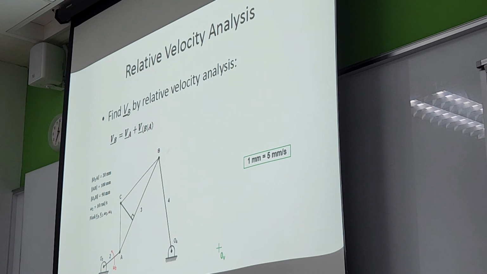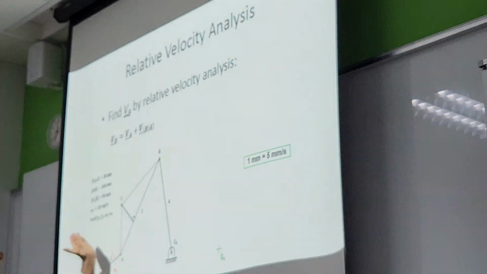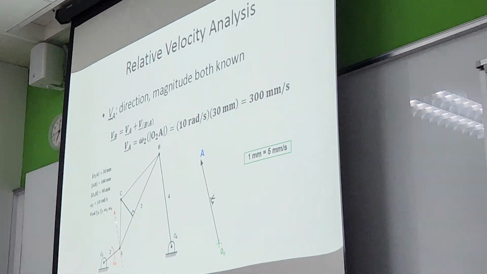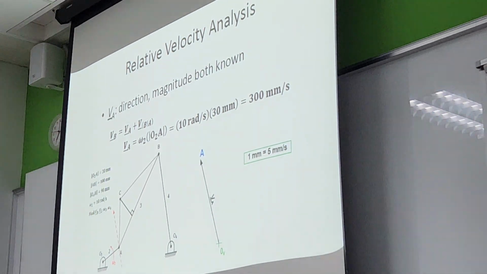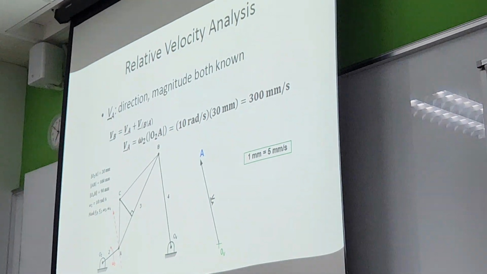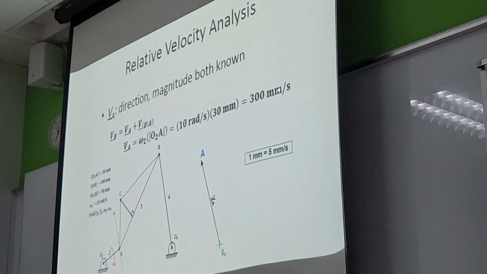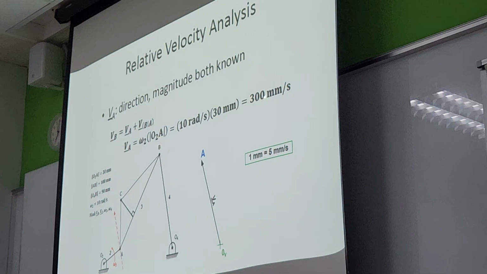So velocity A will be perpendicular, since the link is moving like this. Okay, so it will be perpendicular like this. Okay, so we can see in the next slide. So velocity A will be perpendicular to the link. So you know the direction of this velocity A, and the magnitude will be 300 mm per second.